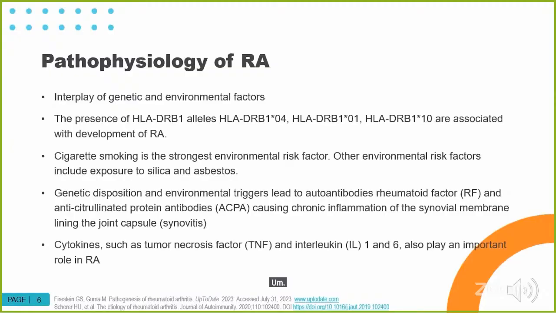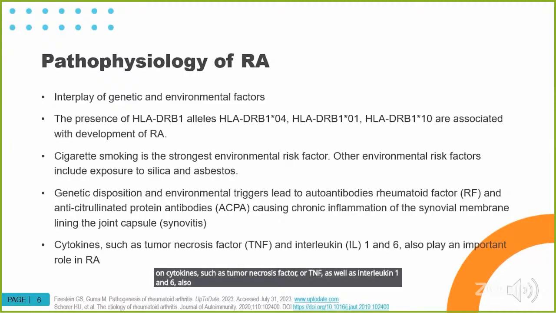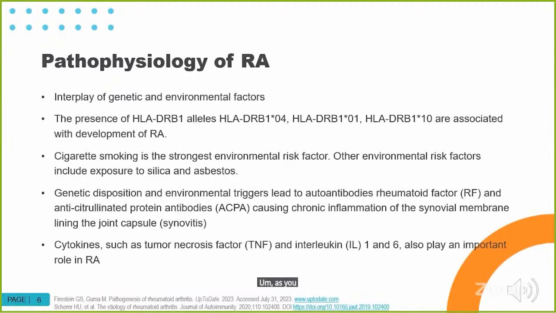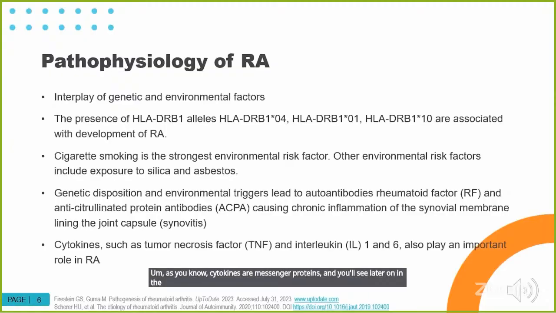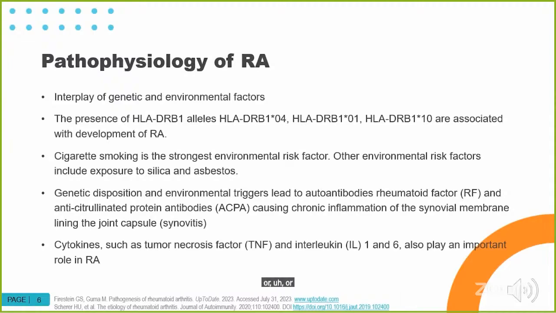Cytokines such as tumor necrosis factor, or TNF, as well as interleukin 1 and 6 also play a major role in the development of RA. As you know, cytokines are messenger proteins, and you'll see later on in the presentation that some of the medications that we use to treat rheumatoid arthritis actually work to either block TNF or interleukin.